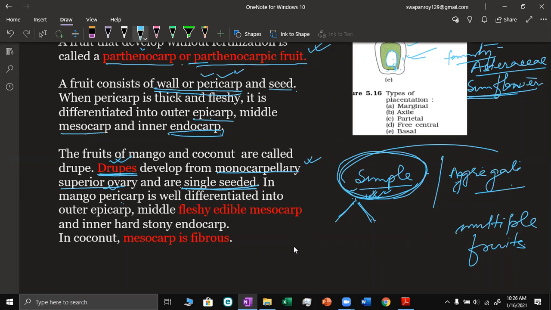We don't eat it. So in mango, the pericarp is well differentiated into outer epicarp, middle fleshy, edible mesocarp, and the inner hard stony endocarp that is not used.